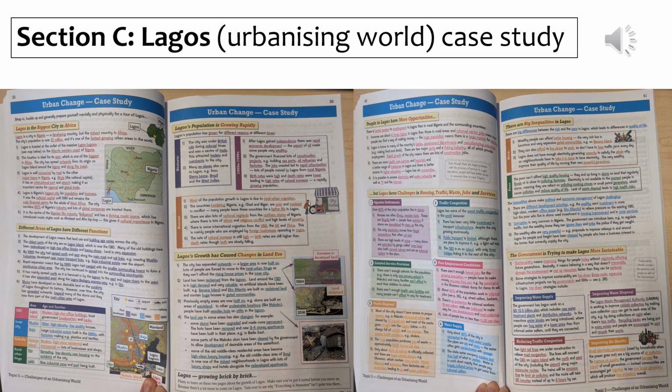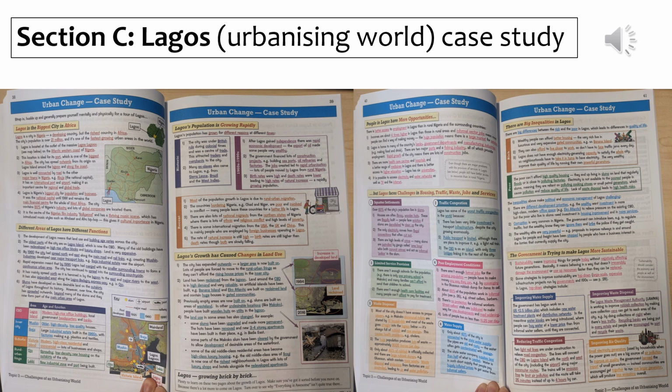So the government's tried to destroy parts of Makoko, and they've invested instead in places like Eco Atlantic, where they've dredged sand from the seabed to make new land, and it's going to be the new financial hub of Africa, not just Nigeria. It's going to bring in people from all around the world, and 2,000 people arrive every single day in Lagos looking for jobs and opportunities.